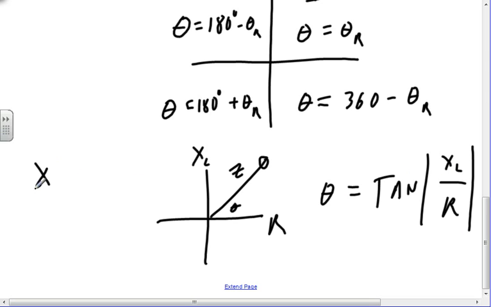And X of L is something I'm calculating, that's going to be 2 pi FL. So I'm going to be doing a calculation to get it. It's in ohms. It's in imaginary ohms. I can think of an I sitting there. I can think of angle 90 sitting there. Or I can ignore those thoughts at all and just remember that it's going to be on the y-axis.